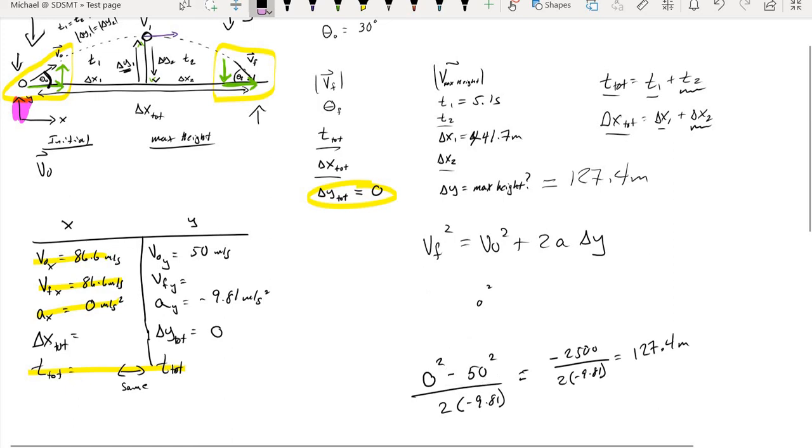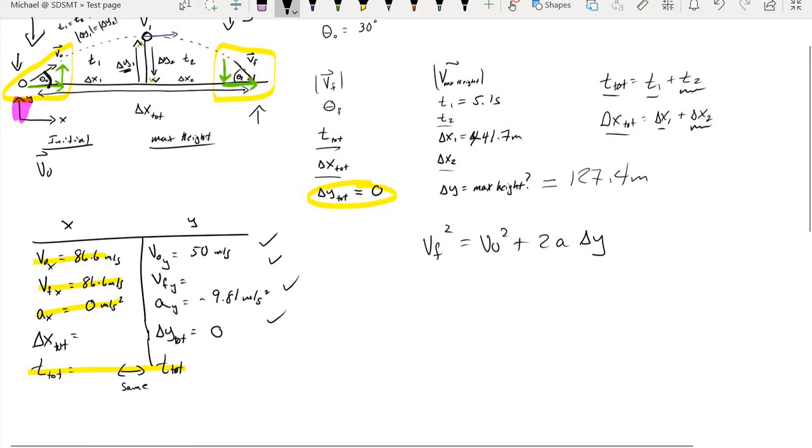Let's solve for the final y component of velocity. That means we're going to use everything except for the time, so we can actually reuse that equation right there. We need to rearrange for v final, which we almost have.